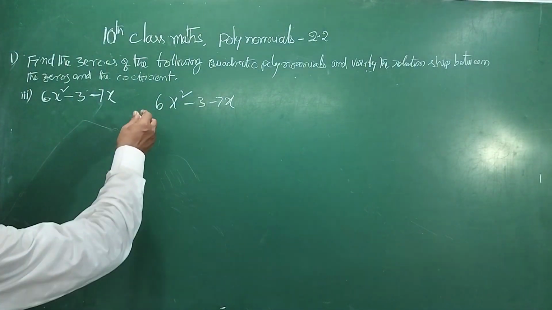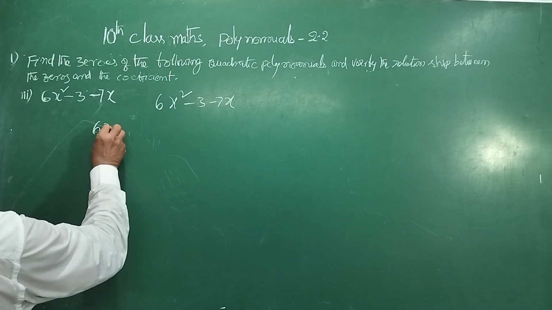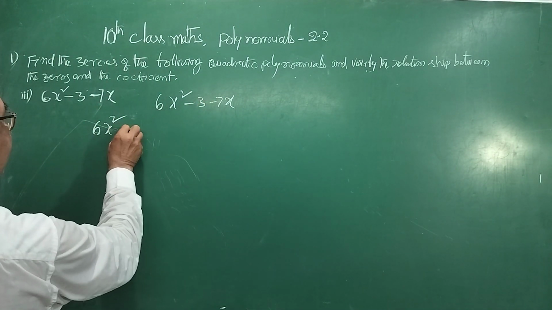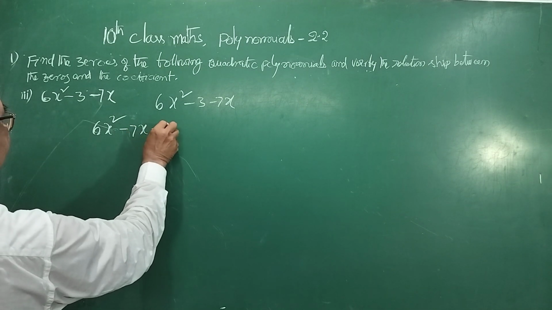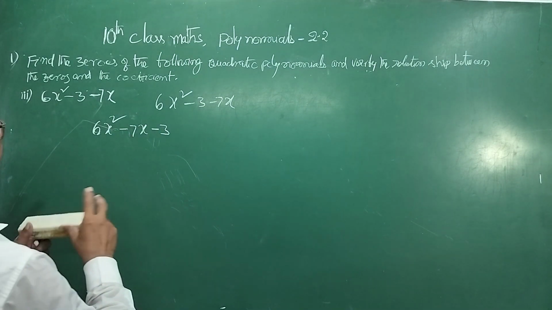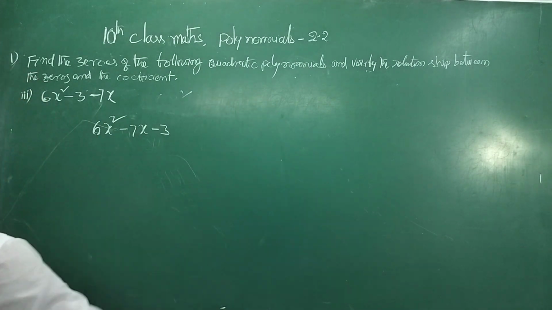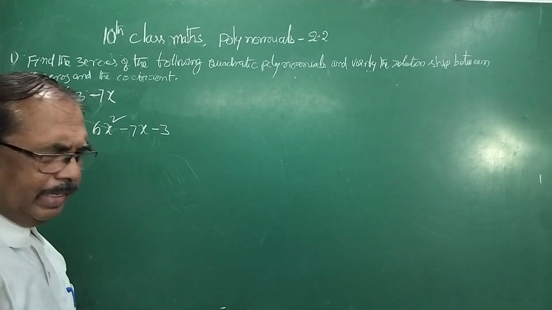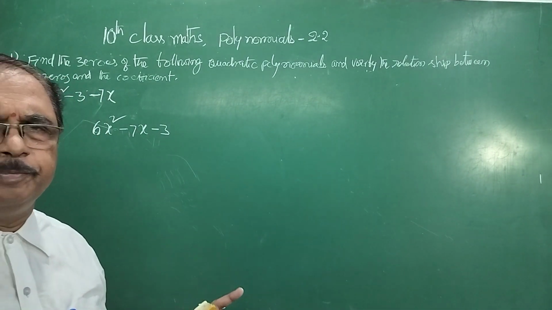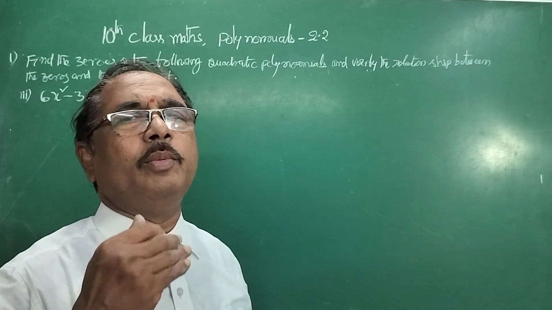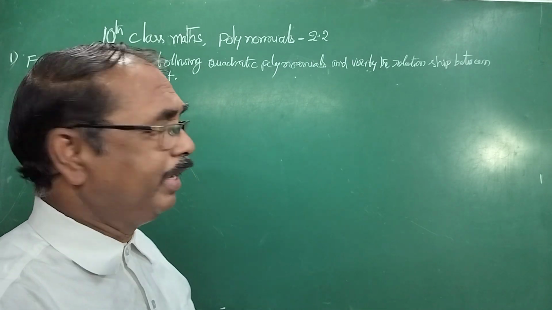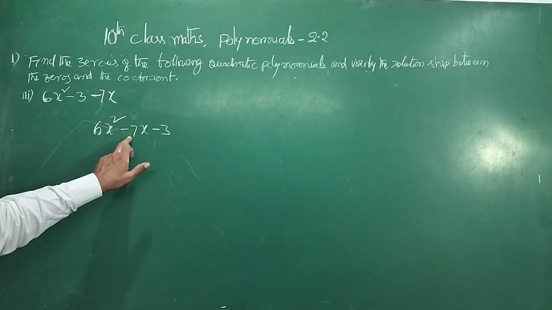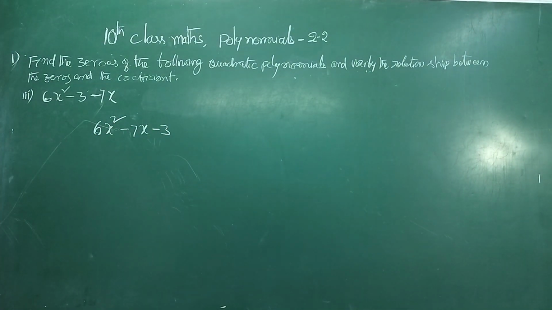In such a way let us write 6x square minus 7x minus 3. We did not change anything, but in the standard form we wrote here: 6x square minus 7x minus 3.